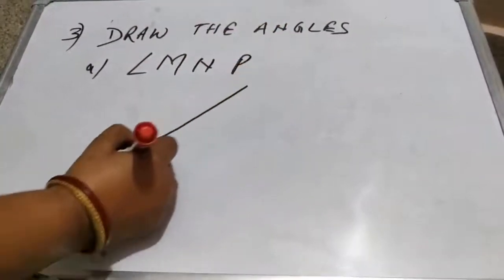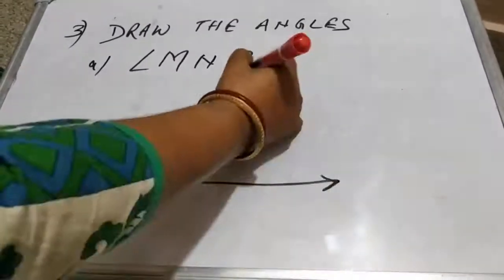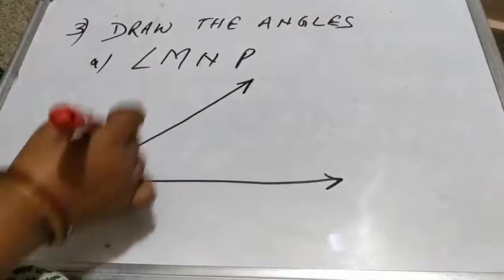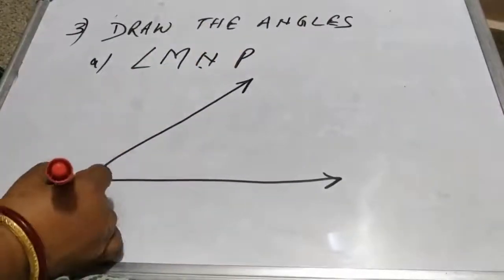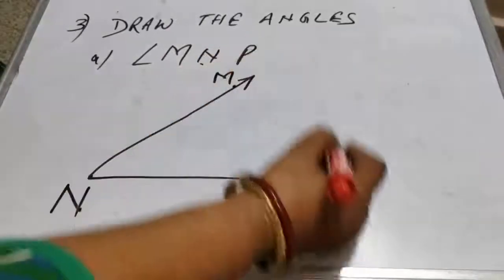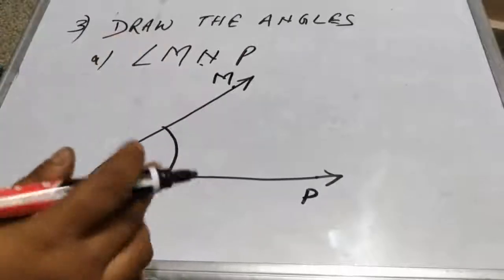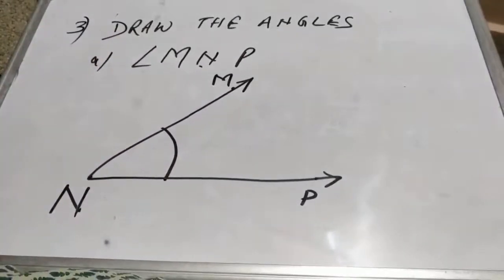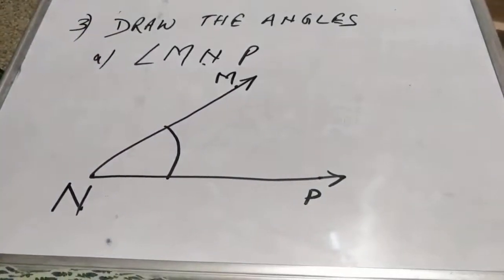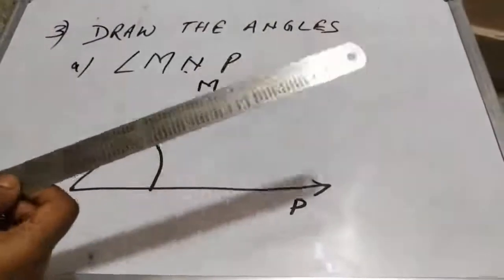Firstly we will draw these two straight lines joining the rays. N will be the vertex. Now write here M and here P. In this way you can draw the angles. You have to draw this angle with a pencil and the ruler. You always use this ruler to draw the angles.